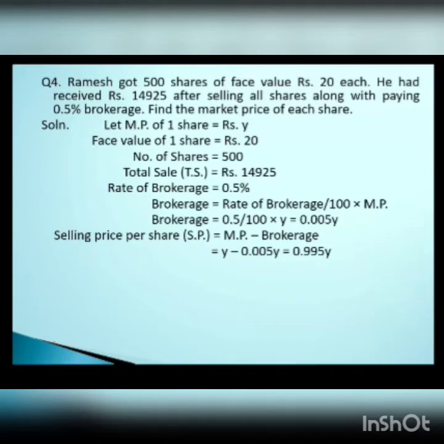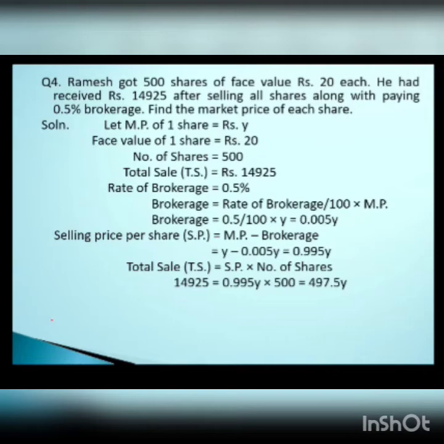ये मिलेगा, इसके बाद now we will be going for the total sale का formula has to get utilized. So total sale तो already दिया है हम लोग को. कितना दिया है? 14,925. Selling price is also there, 0.995y. You can just check, total sale दिया है 14,925.